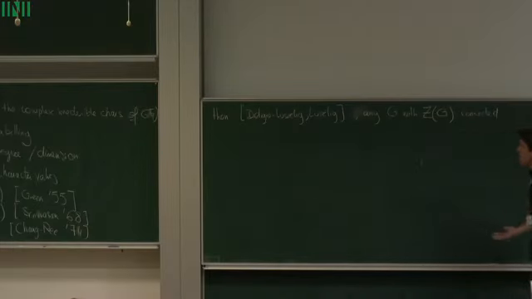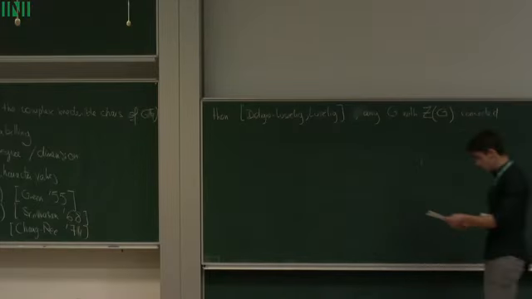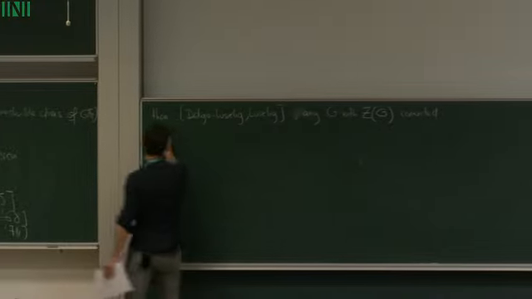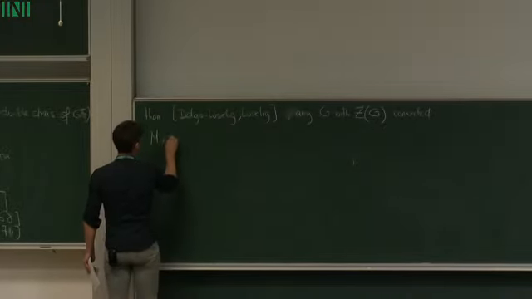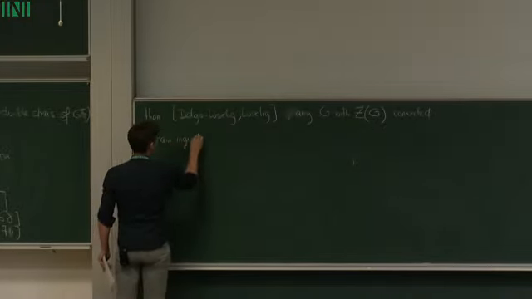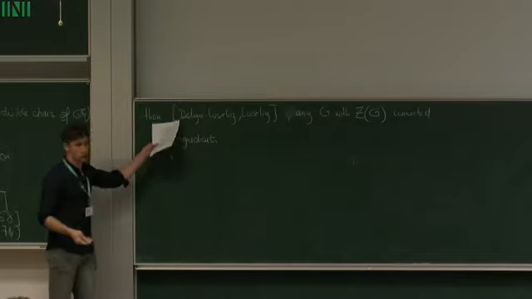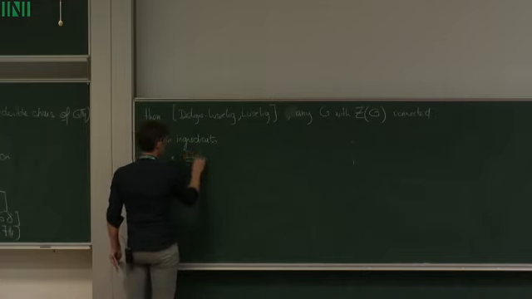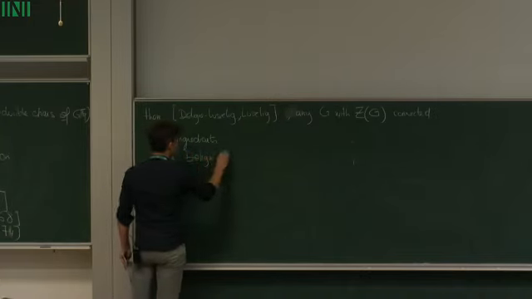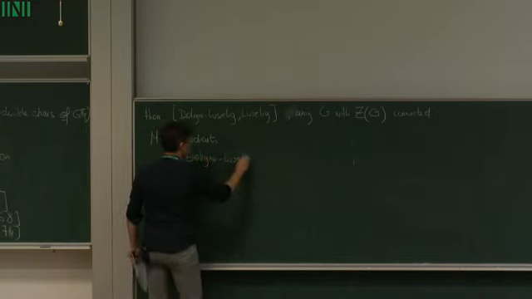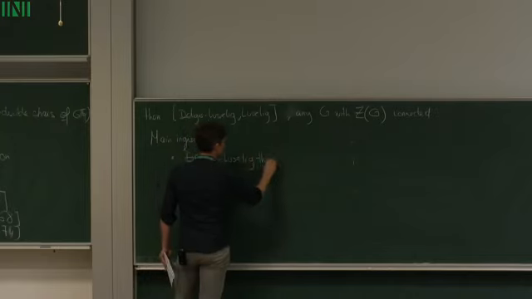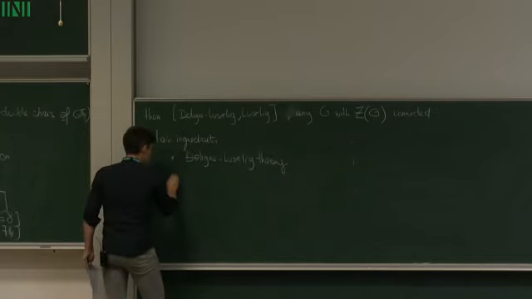But this uses a lot of theory. So the main ingredients, let me just list some of them, are the so-called Deligne-Lusztig theory, also the Kazhdan-Lusztig theory.